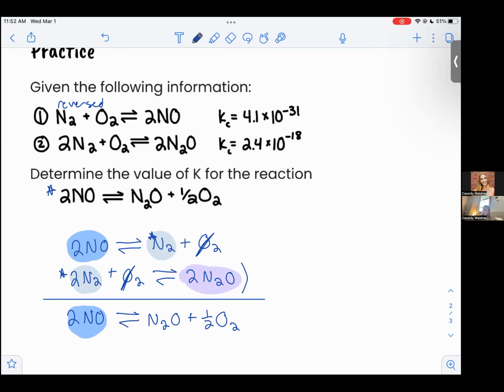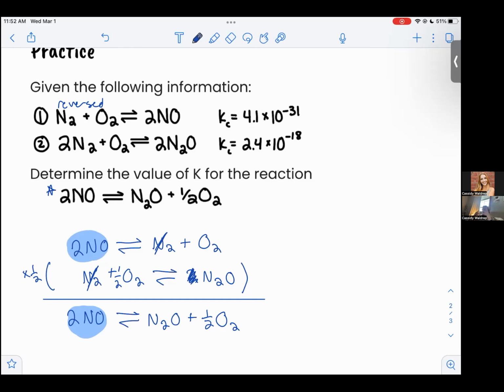If I multiply this equation by 1/2, I'm able to get rid of the 2 there, right? So now my N2s cancel out. And then when I do that, this becomes a 1/2 and this goes away as well. And now I'm good to go.